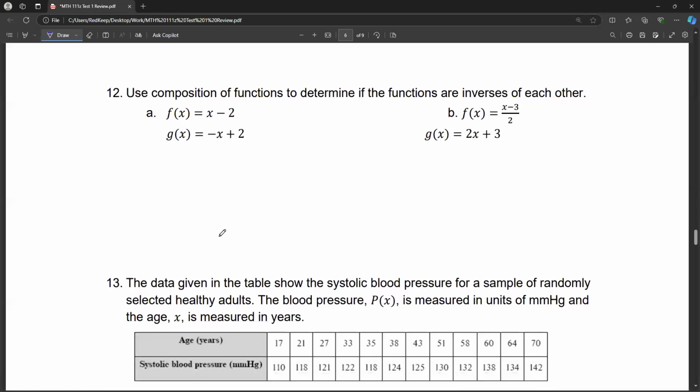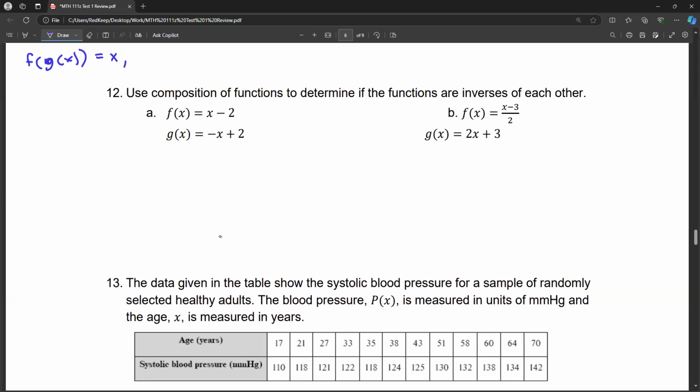Question 12, they are asking us to use the composition of functions to determine if the functions are inverses of each other. Okay, so yeah, this is really cool. What we should see, when we do these compositions, say, for example, I did f of g of x, if f and g are inverses of each other, as a result, this should be equal to x, right?